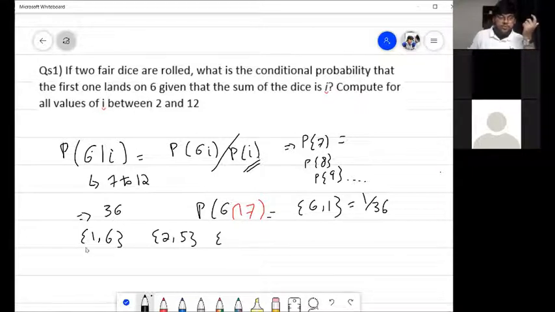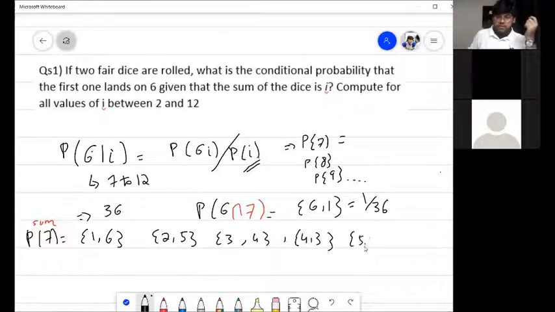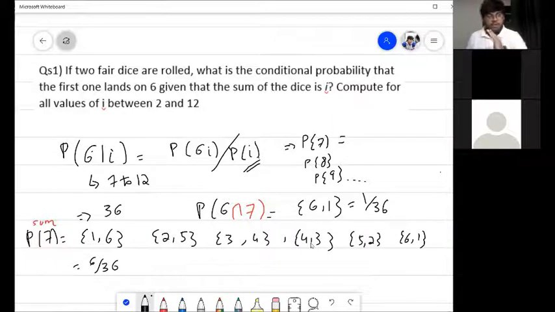Then another one, 3, 4, and likewise also 4, 3, 5, 2, and 6, 1. So in our sample set, for a sum of 7, the probability is 6 upon 36, because these are the 6 values that we have out of a total sample set of 36 possible combinations.